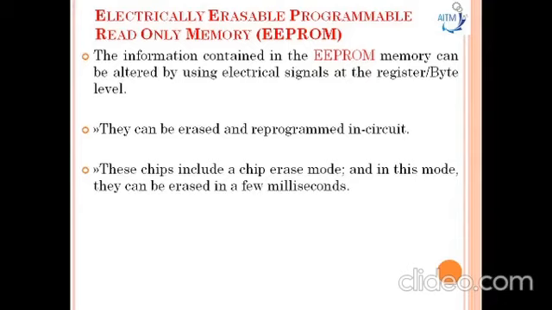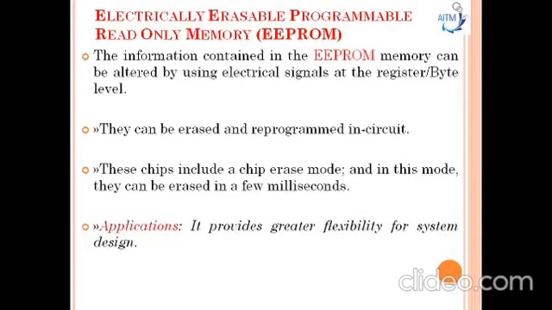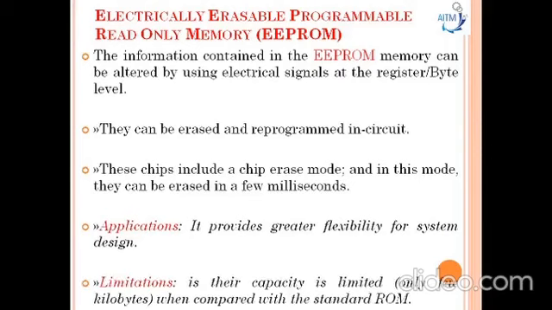This is the advantage over EPROM: EPROM takes 20 to 30 minutes to erase, but the EEPROM takes a few milliseconds. As for applications, it provides greater flexibility for system design, and the limitation is the capacity. It has limited capacity, only a few kilobytes compared with the standard ROM.